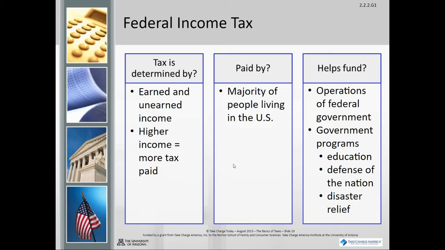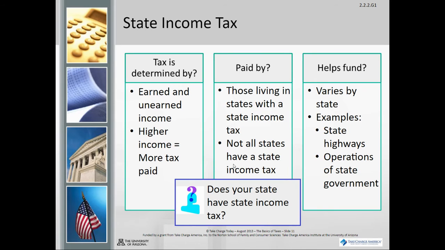And so, the more your income, the more taxes you'll pay. And most of the people in the US are going to be paying federal income taxes. This money goes to pay for the operations of the federal government and then other government programs, including education, defense of the nation, like the military, and disaster relief.